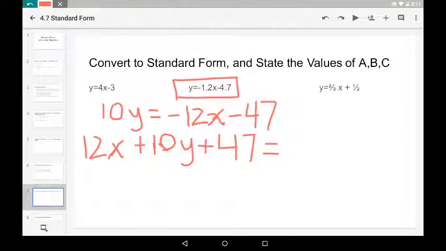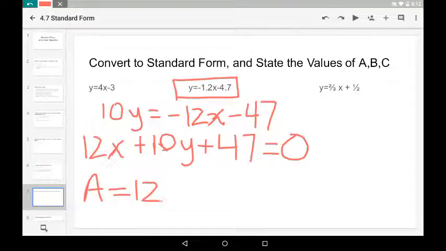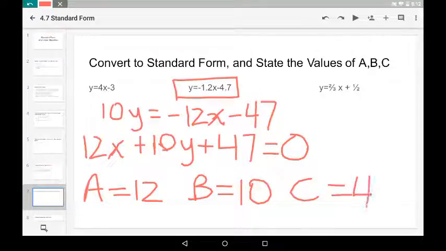Once I've added those terms to the right side, I end up with 0. And you'll notice that I put the x value first so that I could do this all in one step instead of rearranging after. And now you'll notice I have a positive a value. So now I'm done. So a is 12, b is 10, and c is 47.